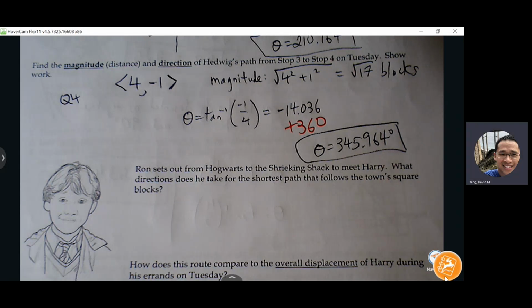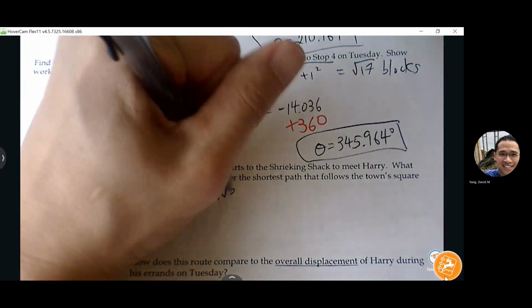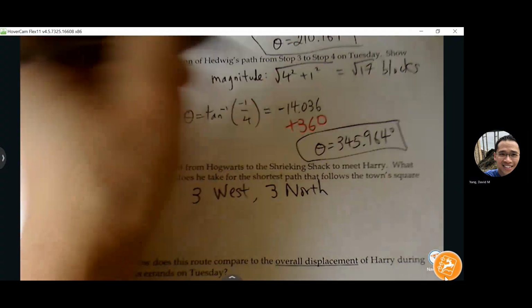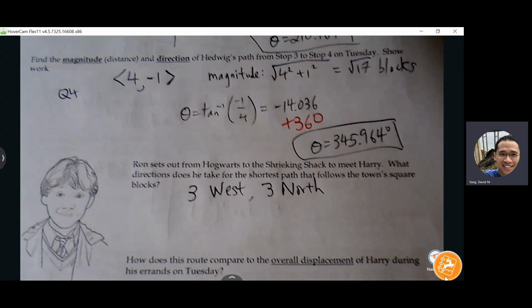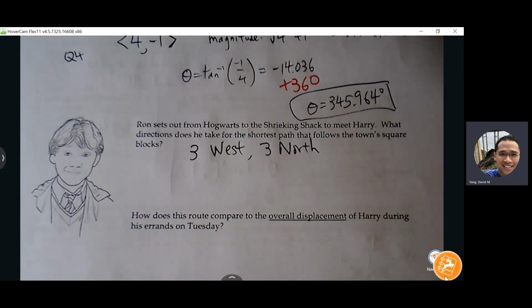It says Ron goes to the Streaking Shack 3 blocks west and 3 blocks north. So 3 west, 3 blocks north. And how does this route compare to the overall displacement of Harry during his errand?